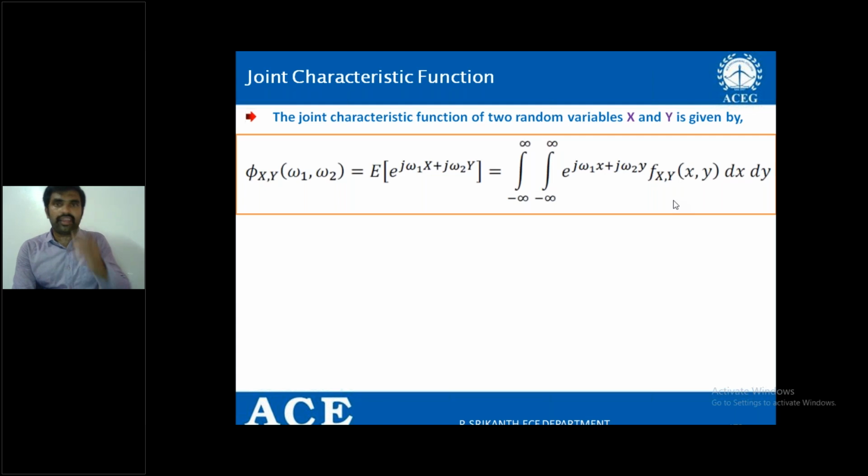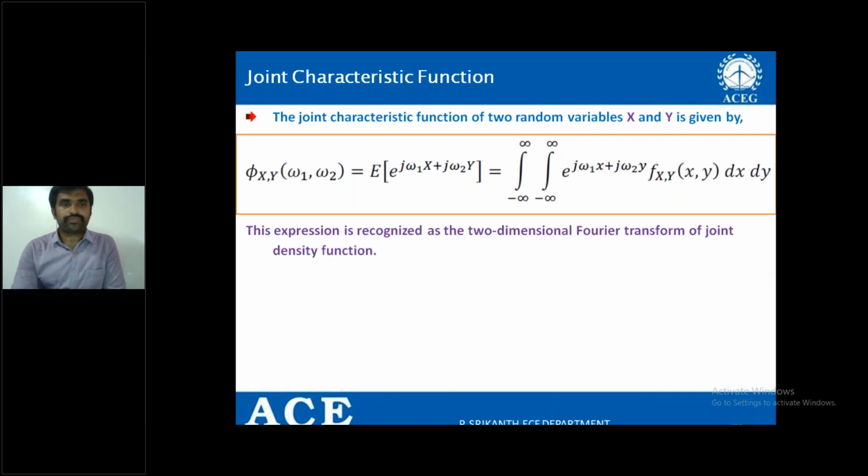So here similarly we can use this joint characteristic function for finding the joint moments, using which you can find the statistical parameters like the means of individual random variables or variances, or jointly you can find covariance, right?